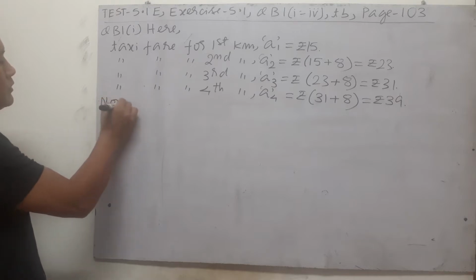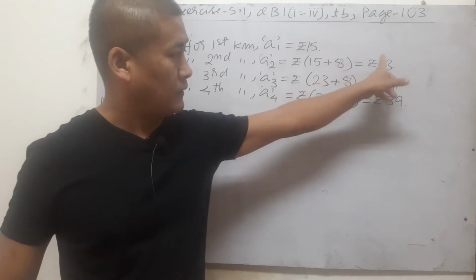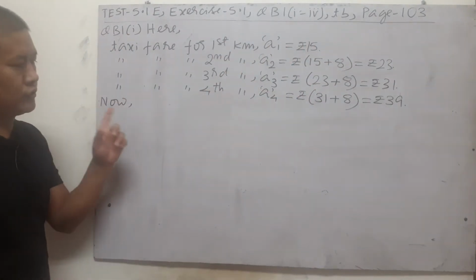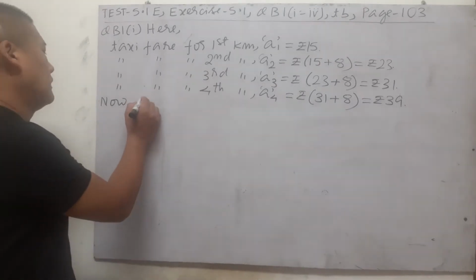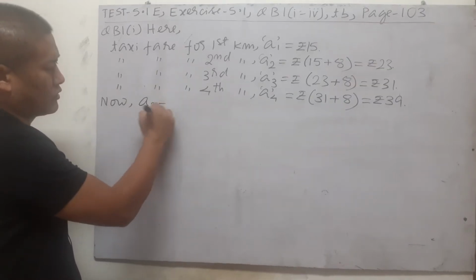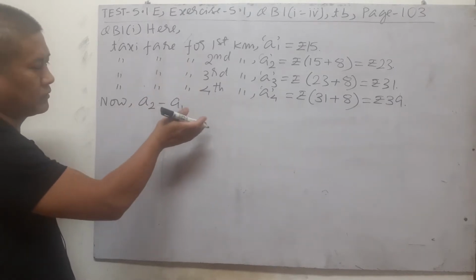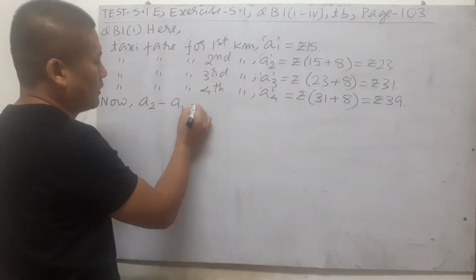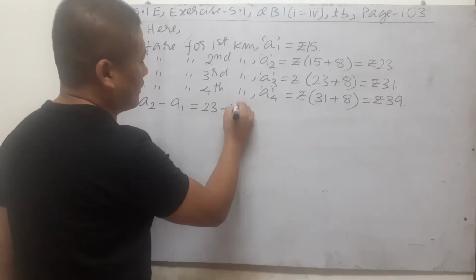Now to check whether a particular sequence of numbers like 15, 23, like that, are in AP or not, the only sure characteristic of an AP is the common difference, right? So common difference is the higher term minus its consecutive lower term, A2 minus A1, not A1 minus A2. So A2 is 23 minus A1 is 15.